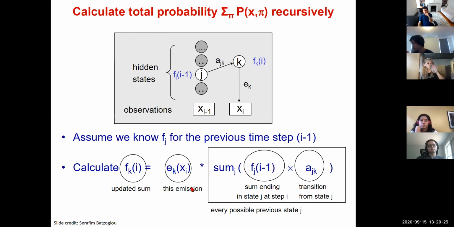So again, we're updating the sum using this emission probability times the sum of all previous total probabilities, the sum of all probability mass going through the previous states, each scaled by the transition from the previous state to the current state.